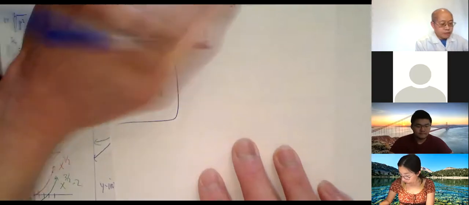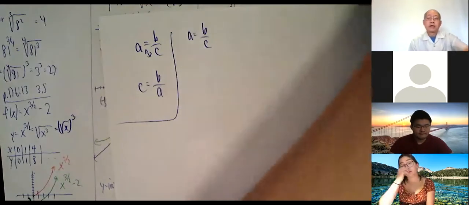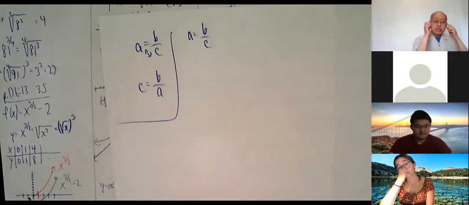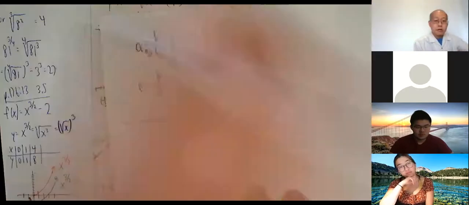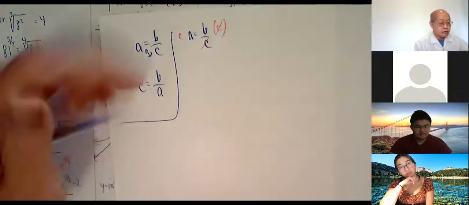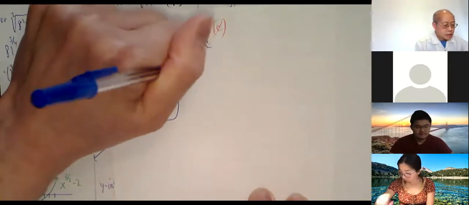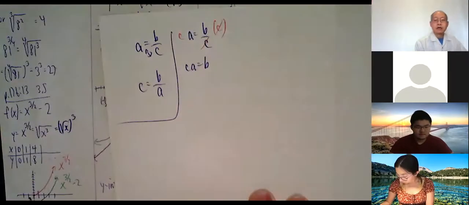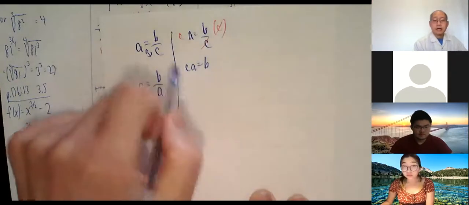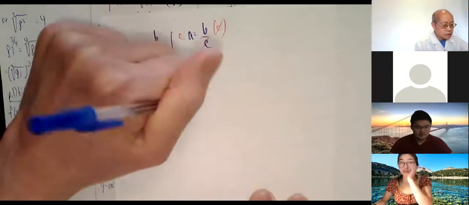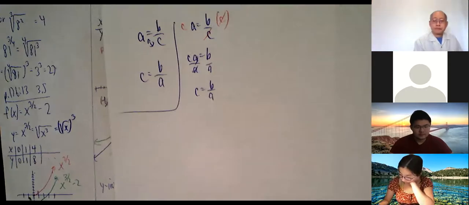So A equals B over C. If I were to multiply both sides by C, these cancel out. CA equals B. And then divide both sides by A, cancel, cancel. C equals B over A.